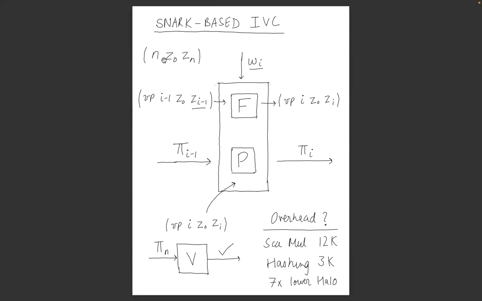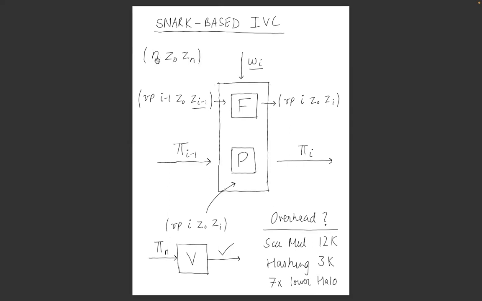One more thing to note here is that the public parameters in this framework are z0, the initial input state, zn, the final state, and the number of steps it was run.